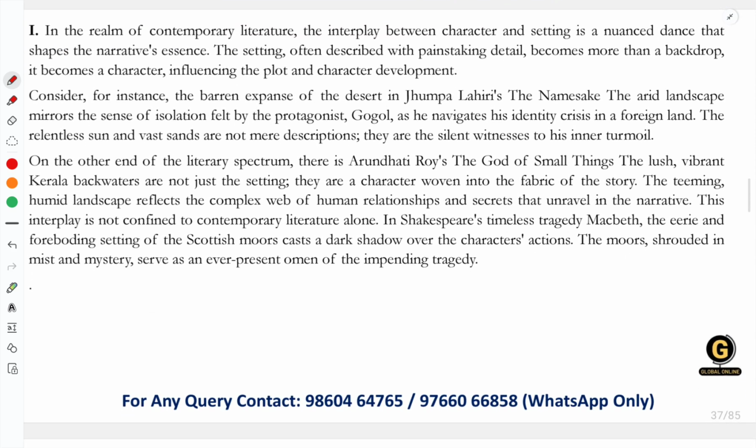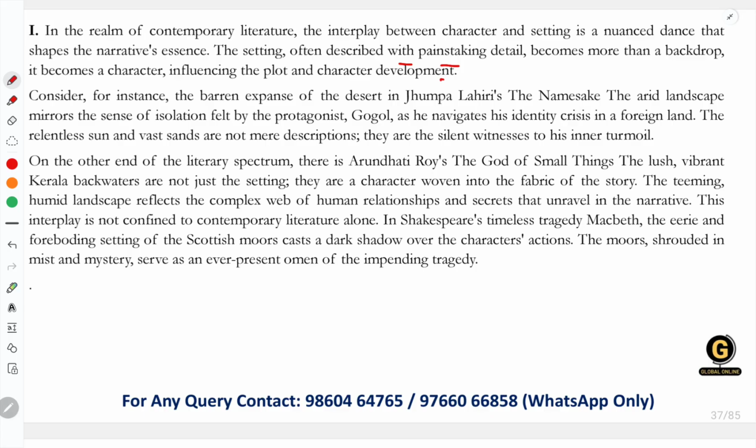Let us understand the paragraph first. In the realm of contemporary literature, the interplay between character and setting is a nuanced dance that shapes the narrative's essence. The setting, often described with painstaking details, becomes more than a backdrop, it becomes a character influencing the plot and the character development.